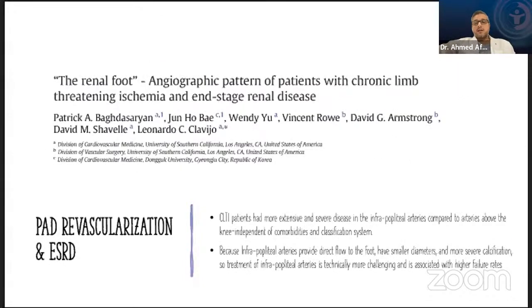And finally, end-stage renal disease and the effect on peripheral arterial disease, especially below the knee, have the worst prognosis because of the lesion itself, and the posterior tibial artery is involved mainly.